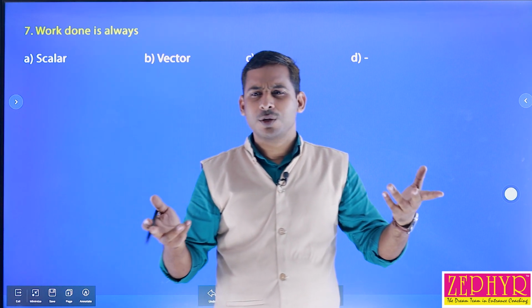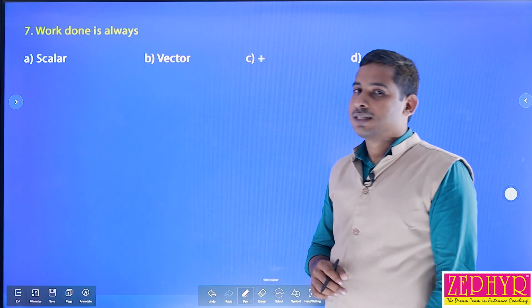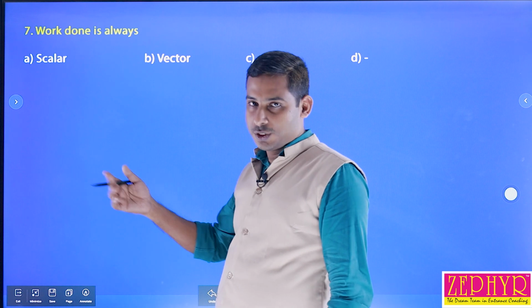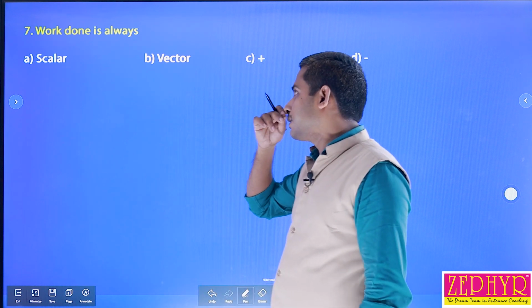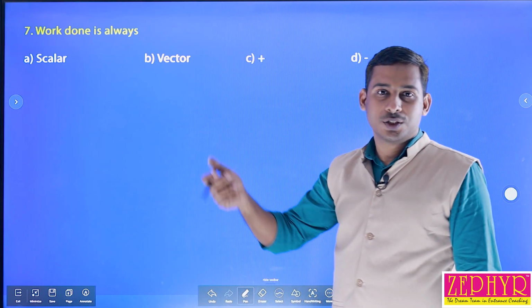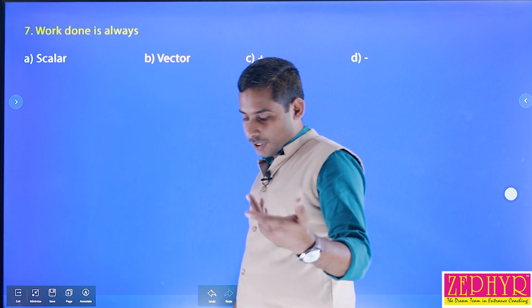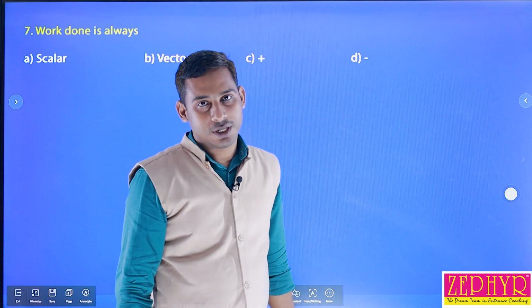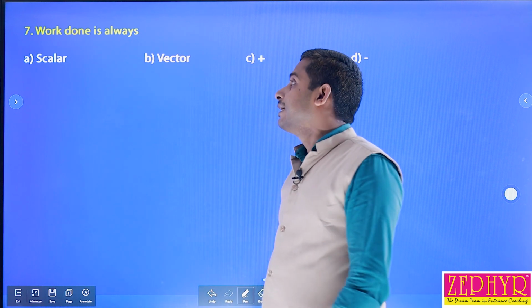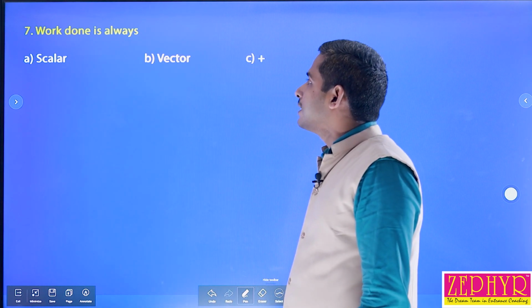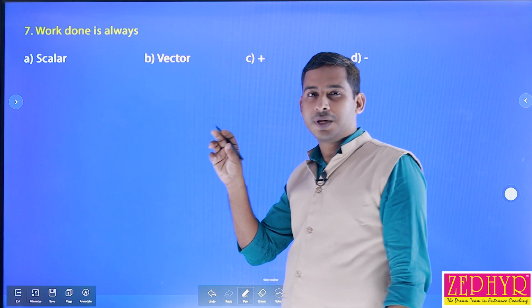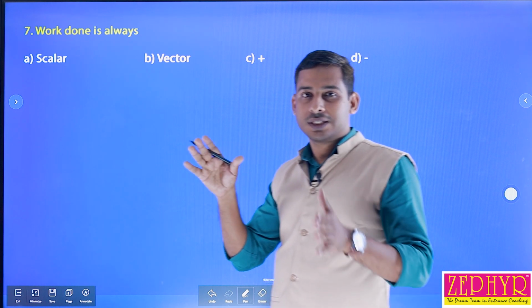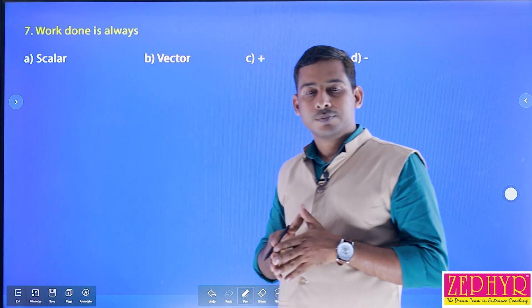I know very well all of you know what is scalar and what is vector. Scalar is nothing but magnitude only. Vector is a physical quantity that has both magnitude as well as direction. Positive is a positive number, negative is a negative number. So, we can say the work done is always a number, that means a scalar quantity only.